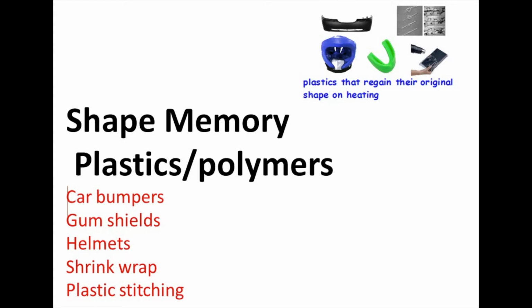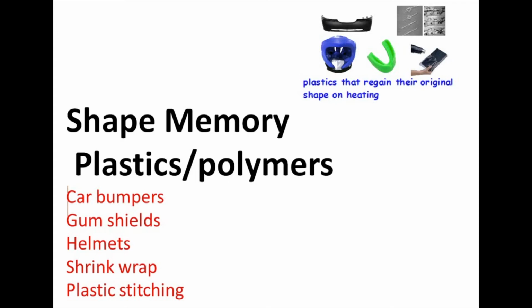Gum shields and helmets are the same sort of thing. You can have your own gum shield and helmet that will be moulded into your specific mouth shape, teeth shape, head shape, and when it went onto your head or into your mouth, it would go into the preferred shape or the memorized shape of your actual mouth or head.